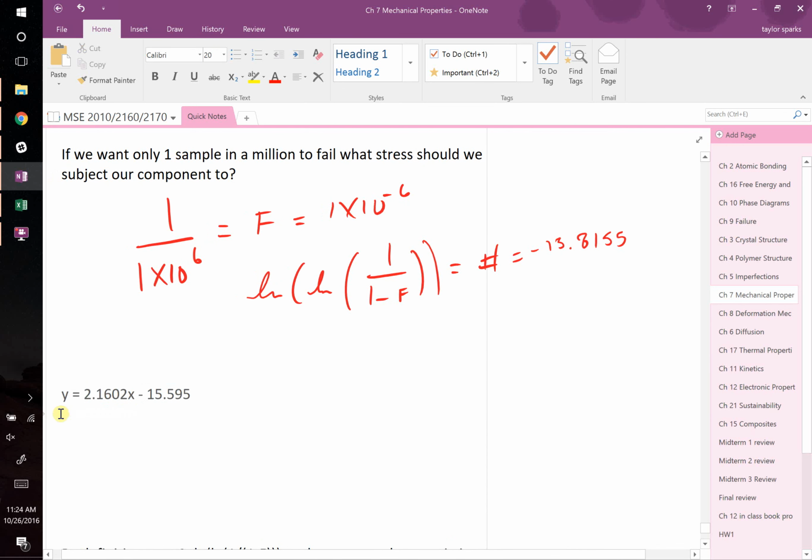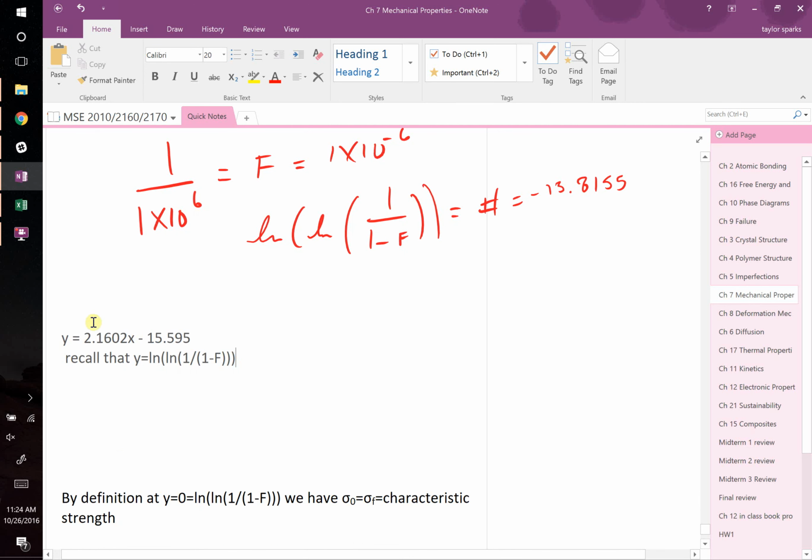And y, recall that y equals natural log of 1 divided by the quantity of 1 minus f, right? So we have y already. Now we have the expression for this, so we can plug in at what x that corresponds to. So we just need to solve for x. Now that we know what y is, we're going to set up the following equation.